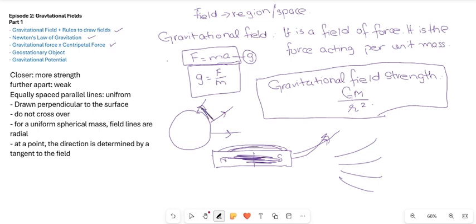It will just give you an illusion. And at a point, the direction is determined by a tangent. Any point that you take, you just have to draw a tangent and you can find out the direction at that point.